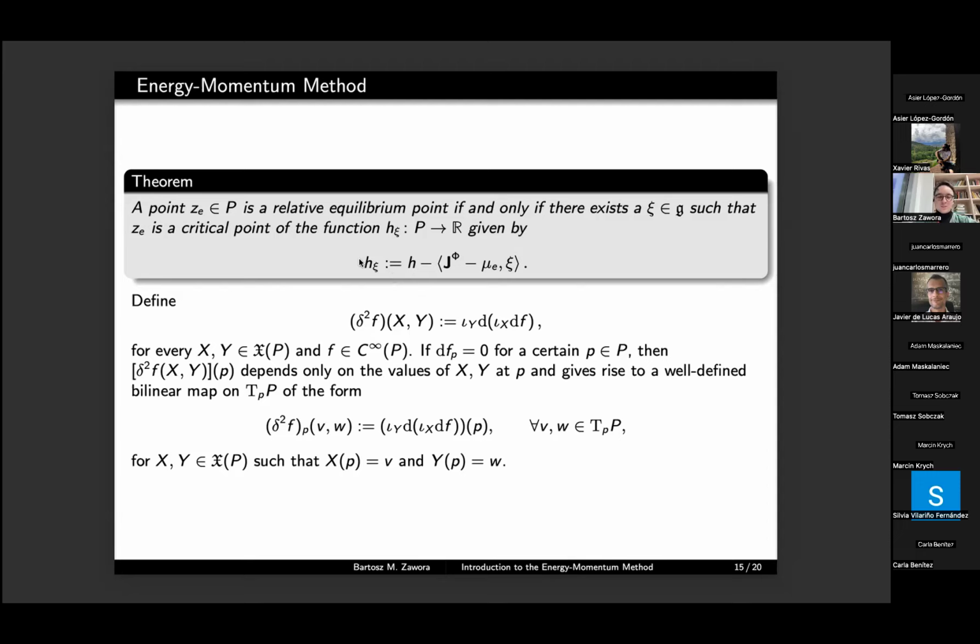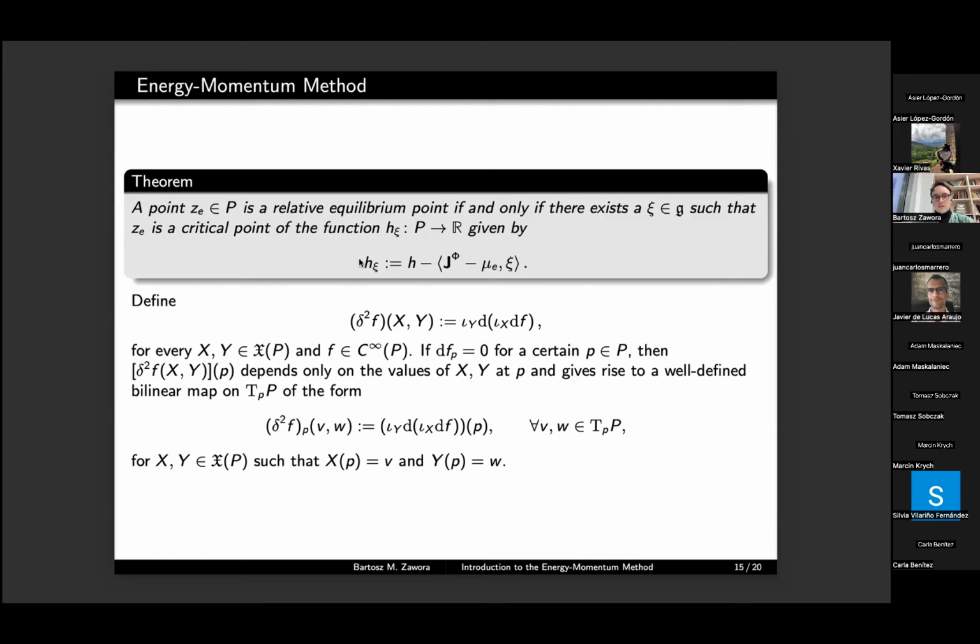Well, basically, to prove this theorem, we only need the two things that are required in the definition of a weak regular value.